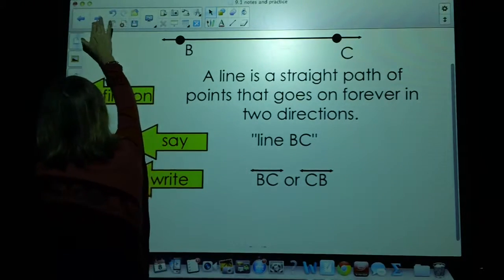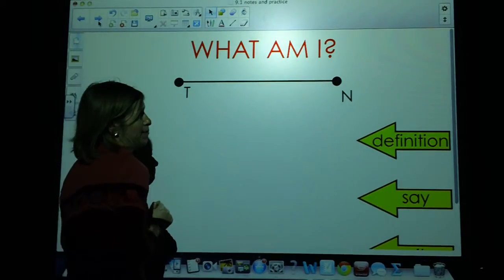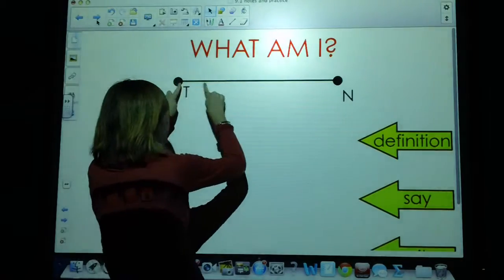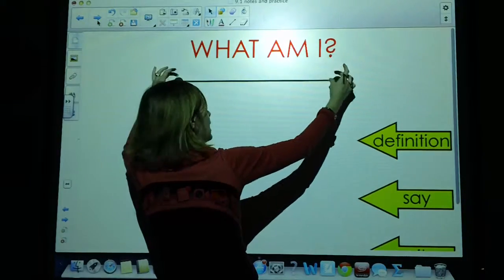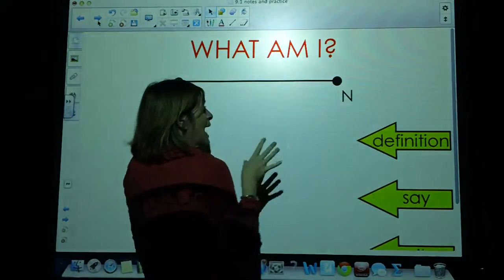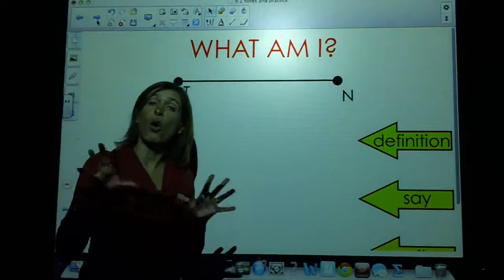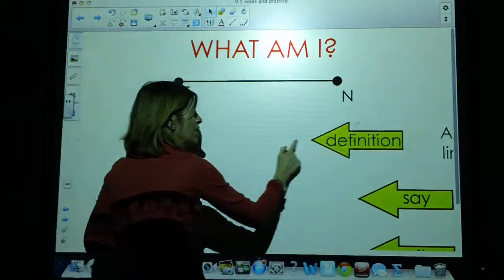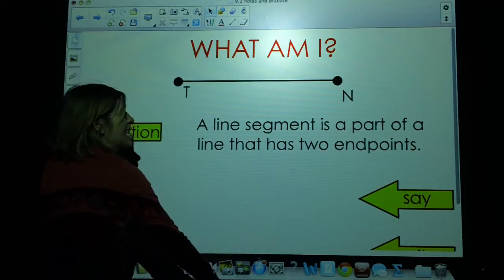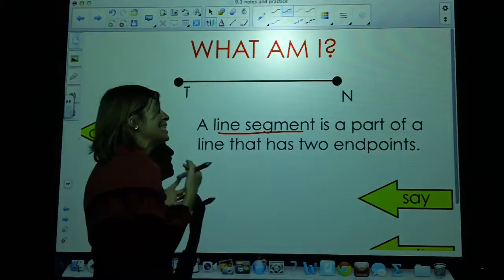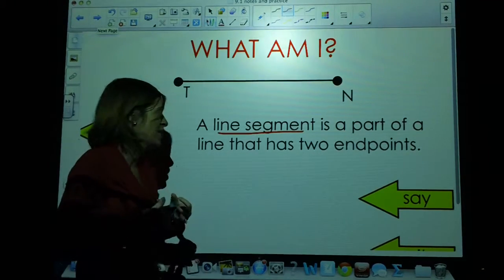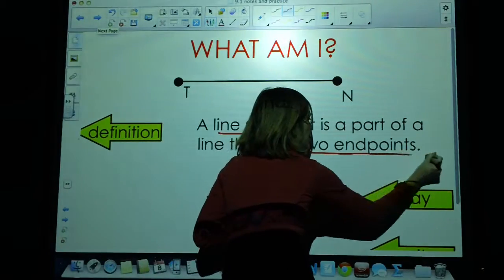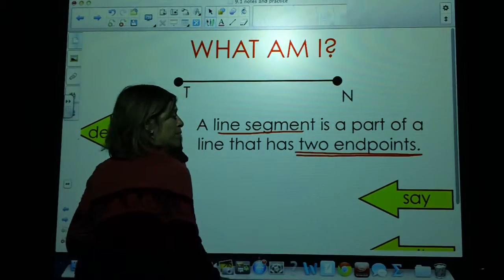All right, moving on. What am I? Now, let's look at this. We're going to draw this piece of a line and 2 things at the ends, and it doesn't go on forever, so we don't call it a line. What do we call it? We call it a line segment. A line segment is a piece or a part of a line that has 2 distinct endpoints, okay?